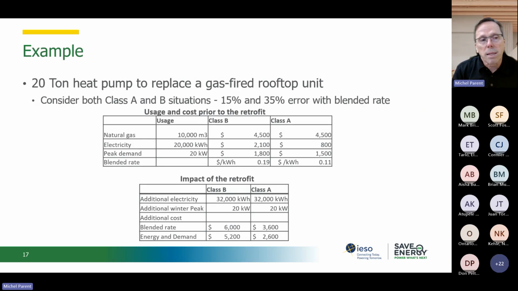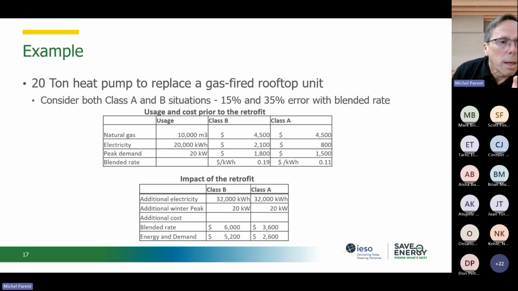There's a quick example here. It's not as drastic as sometimes, it's sometimes way worse than this, but in this example, if you replace a 20-ton gas-fired rooftop unit with a 20-ton heat pump unit, you can see the difference if you use a blended rate compared to the energy rate and the demand rate.